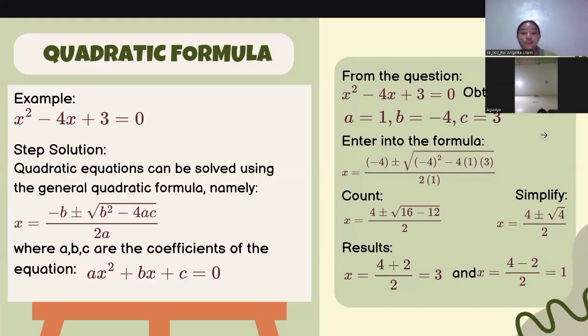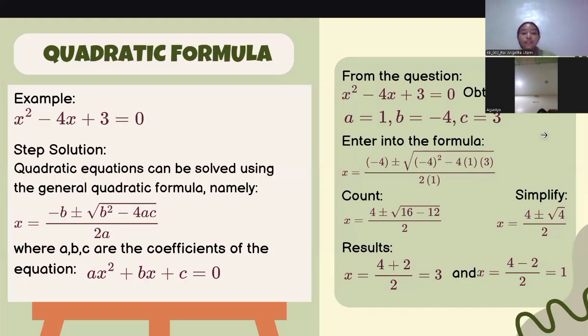Inside the square root, (−4)² equals 16. And 4 times a times c equals 4 times 1 times 3, which equals 12.